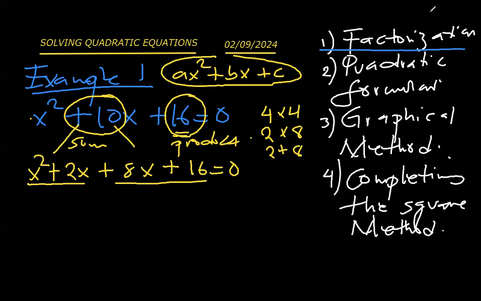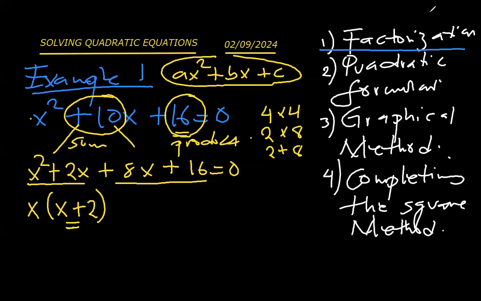So looking at x squared plus 2x, what's the common factor between x squared and 2x? The answer is x. X is the common factor. So x goes outside. I open a bracket. I'll get another x and then plus 2 within the bracket. All right, so we're done with that. Now, this is what you should notice. Whatever I get inside the bracket must be the same in the second factorization of 8x plus 16.